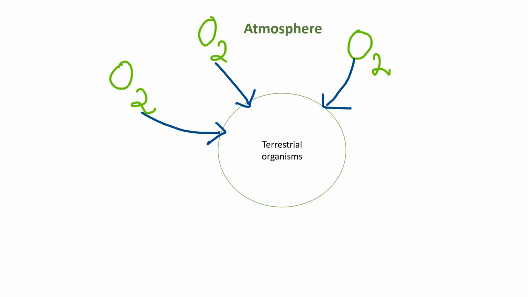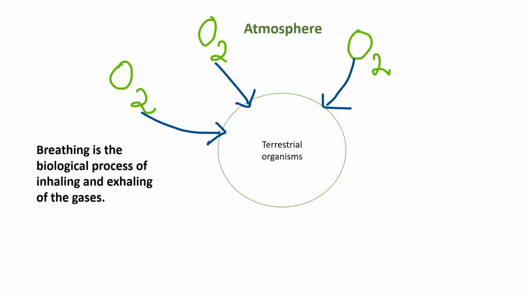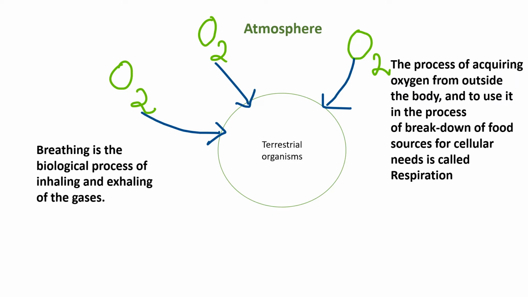Now let's analyze this picture. I have shown that terrestrial organisms are taking in oxygen from the atmosphere. What do you call the process of taking in oxygen and releasing carbon dioxide? It is called breathing. Then what is respiration? The process of acquiring oxygen from outside the body and using it for the breakdown of food sources for cellular needs is called respiration.